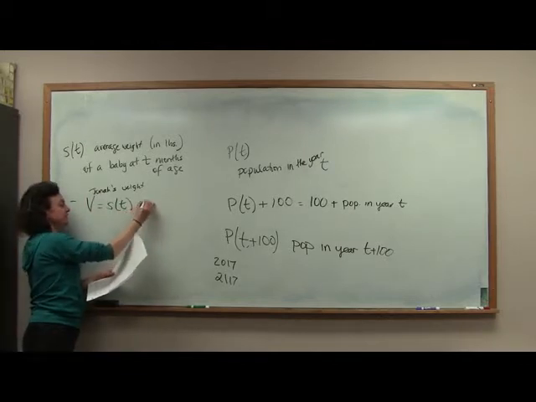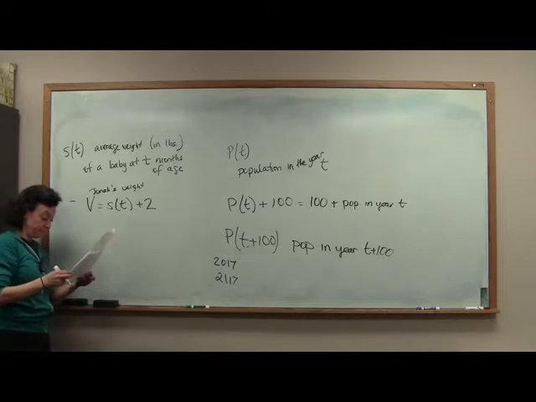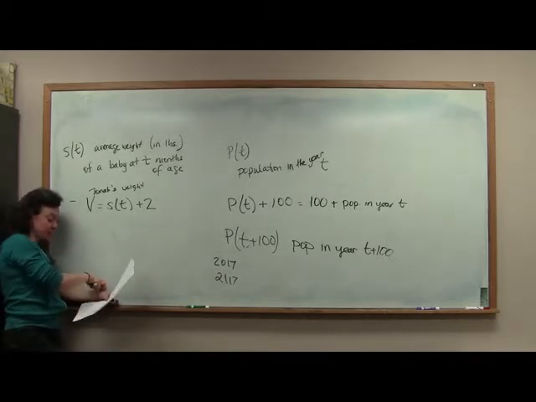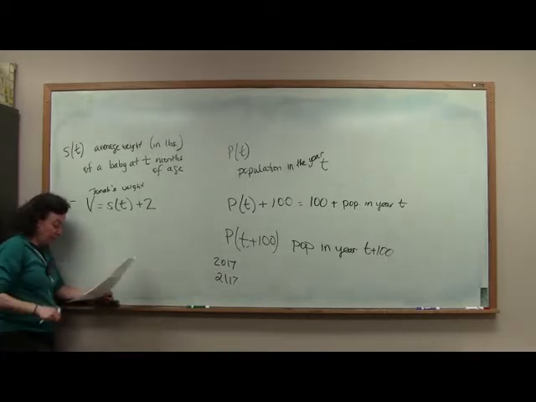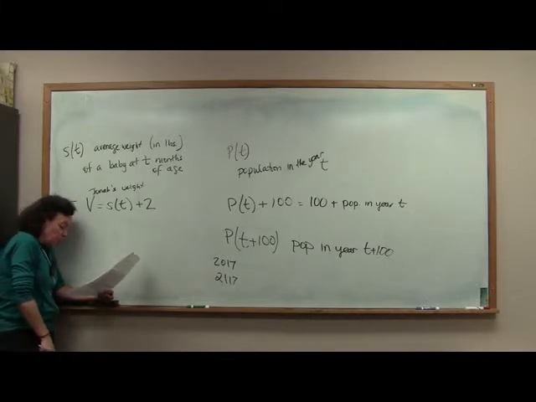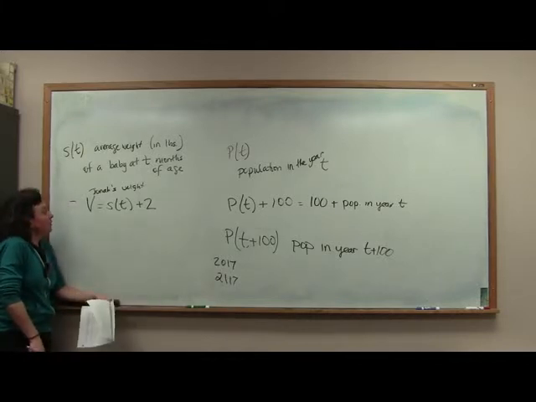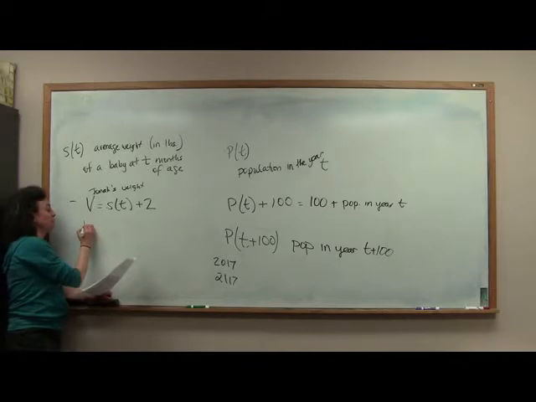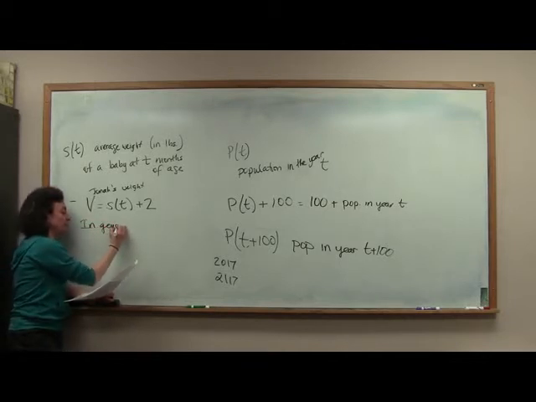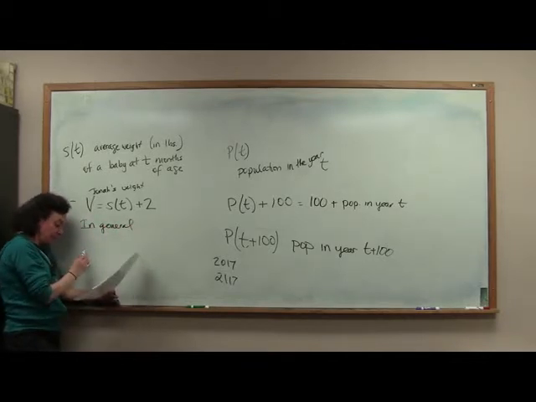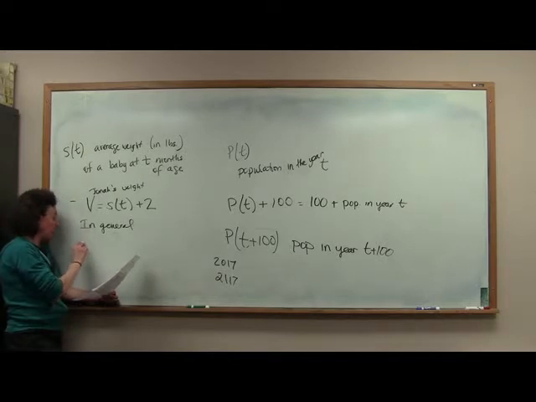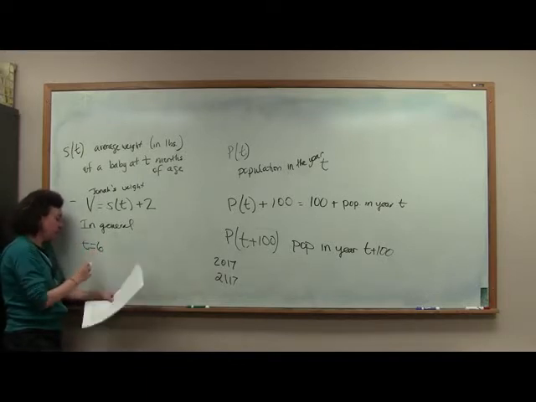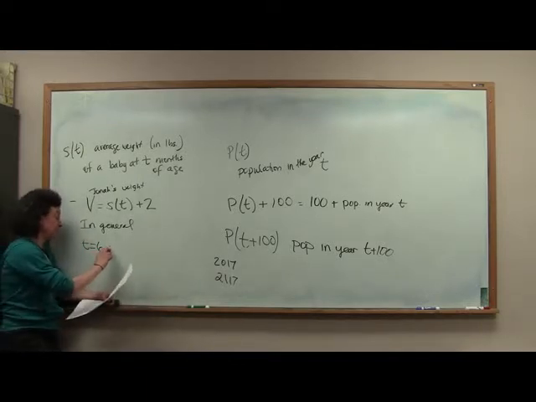It's S of t plus 2. So, what can we say about Jonah's weight in general? And also maybe we could say, what happens to his weight, say, when t equals 6 months?